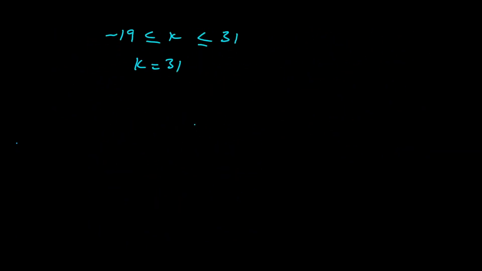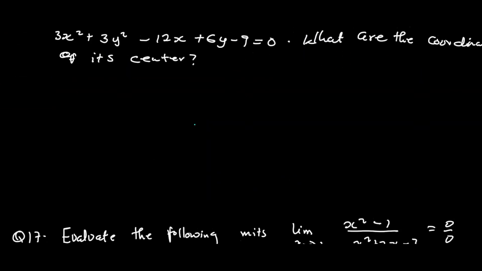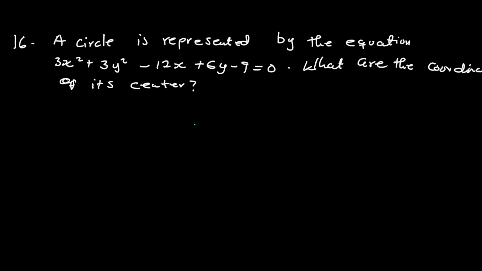Alright, now let's move on to question 16. It says a circle is represented by the equation 3x squared plus 3y squared minus 12x plus 6y minus 9 equal to 0. Find the coordinate of the center. So in this case, to be able to compare this to the general form, we have to make sure that this has a coefficient of 1 before we can compare.